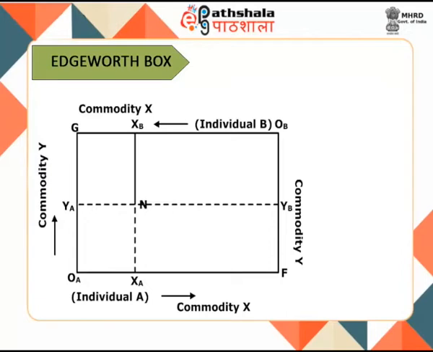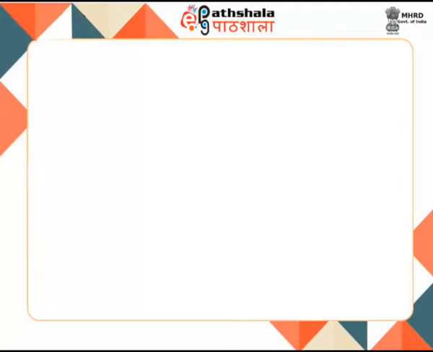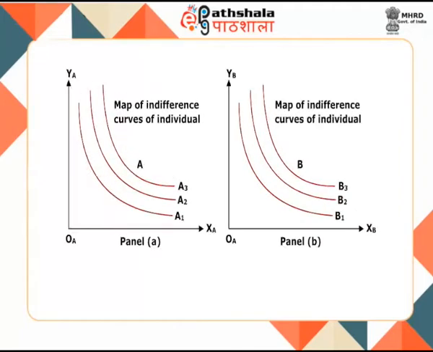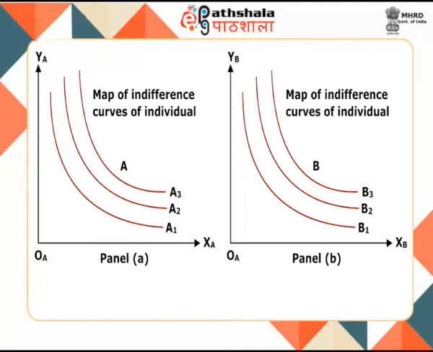Thus, by construction, any point in the box represents the division of the total quantity of X or Y between individuals A and B, so that XA plus XB is equal to X, and YA plus YB is equal to Y. In the Edgeworth box diagram, we also draw the indifference curves of the two individuals A and B, depicting their scale of preferences between the two commodities X and Y.